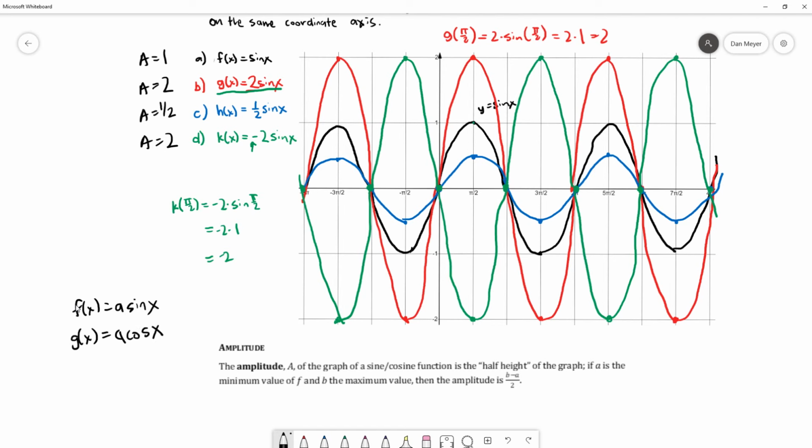Well, a first stab at it would say, all right, the amplitude must be the number a. But notice here in my k of x, the amplitude wasn't -2, it was +2. So the amplitude is actually the absolute value of that constant multiple on the outside. All right, so hopefully that all makes sense. As always, stop me if you have questions.